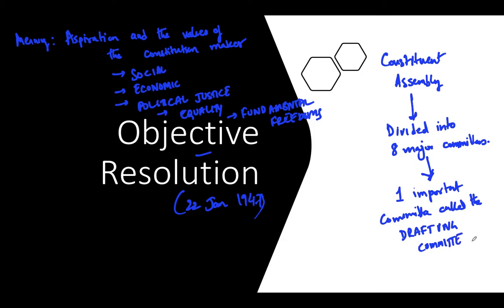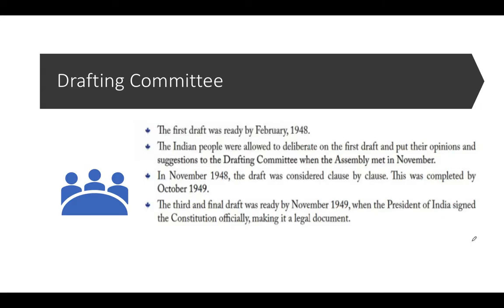And there were many other committees which are also very important, like the Committee on Fundamental Rights, the Union Powers Committee, the Union Constitution Committee. Clear? Now the next one is the drafting committee, which is very important. As I told you earlier, the drafting committee prepared our constitution.